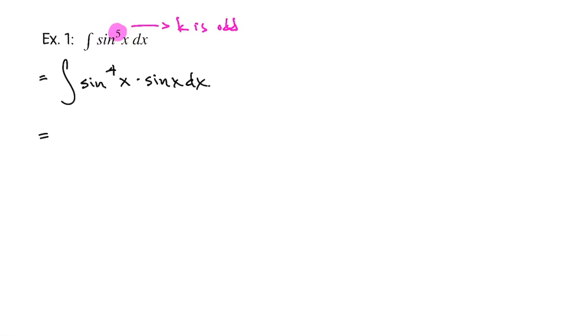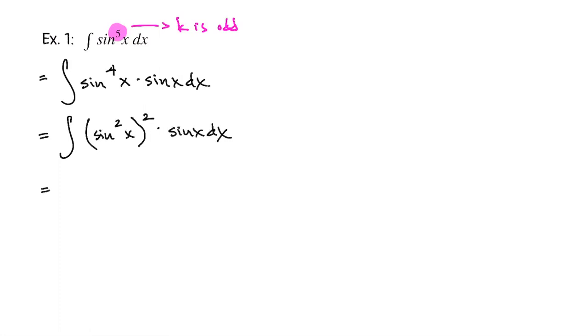Now from there, we're going to look to break down the powers of sine into powers of 2. What I mean by that is sine to the 4th can be written as sine squared x, squared, times sine x dx.